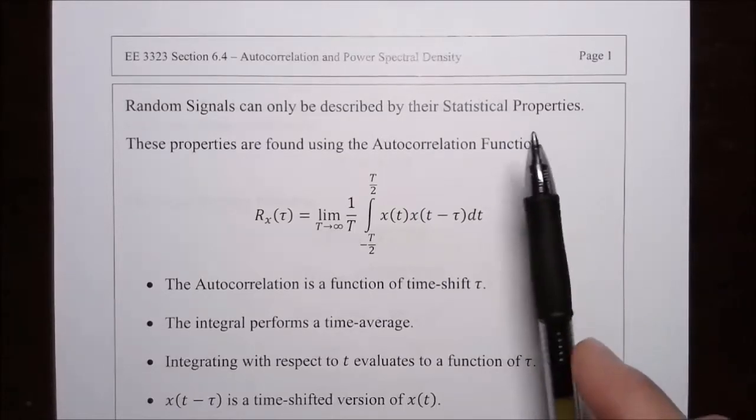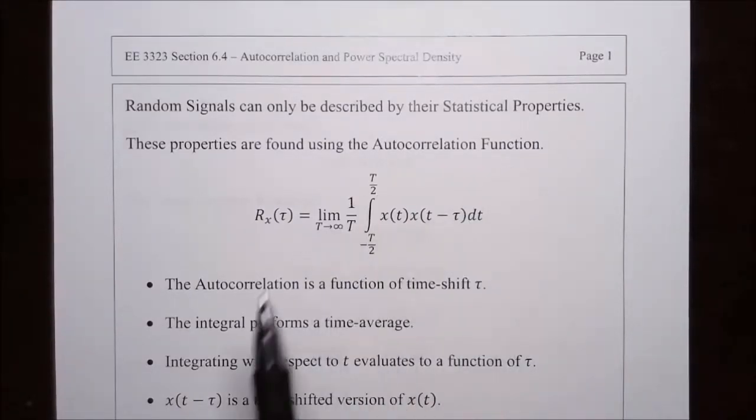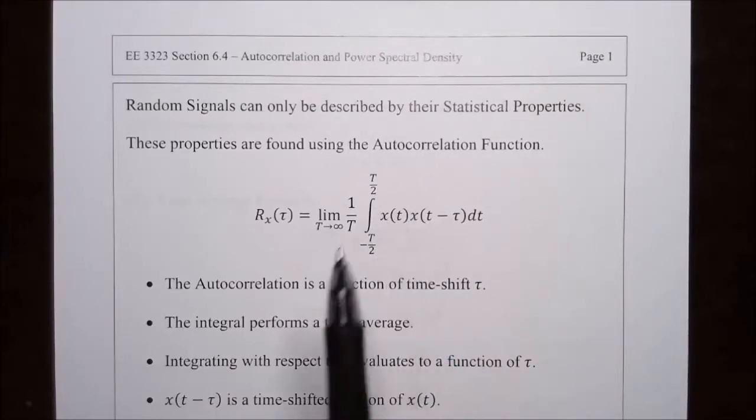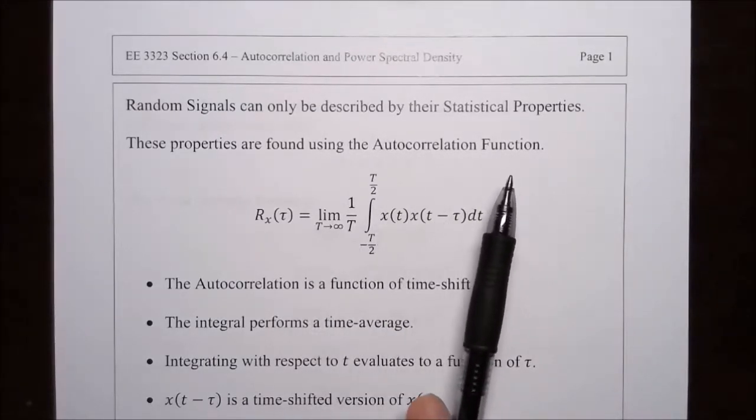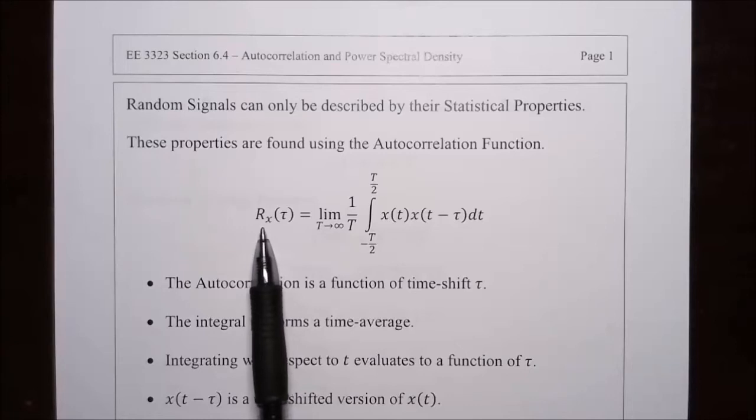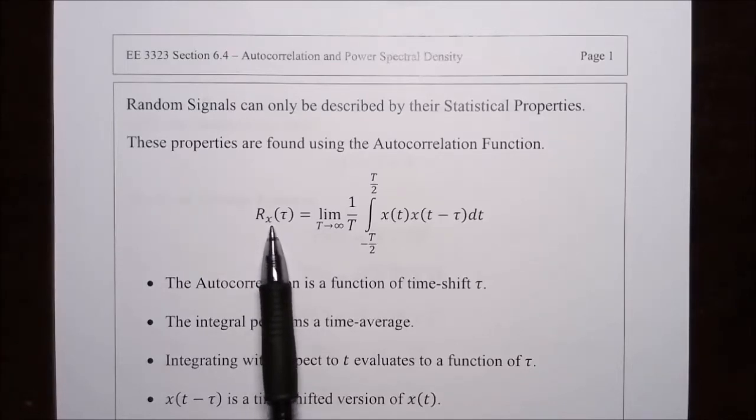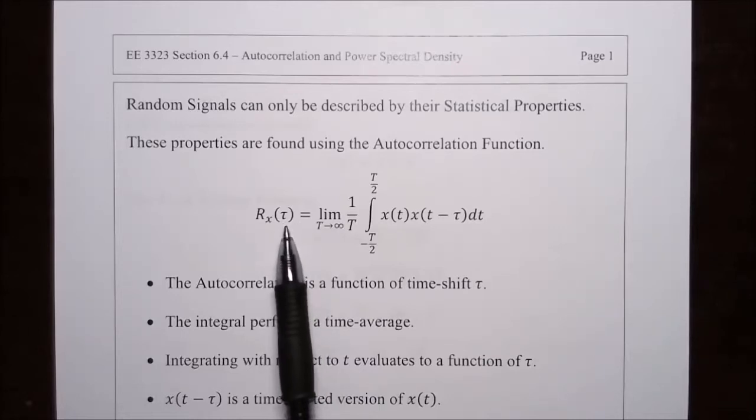And one tool to discuss the statistical properties of a random signal is called the autocorrelation function. The autocorrelation function is denoted by the letter R. Subscript X tells us this is the autocorrelation of the function of time x of t. It is a function of tau, which is a time shift variable.